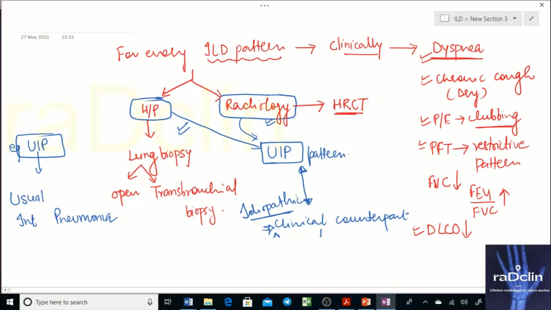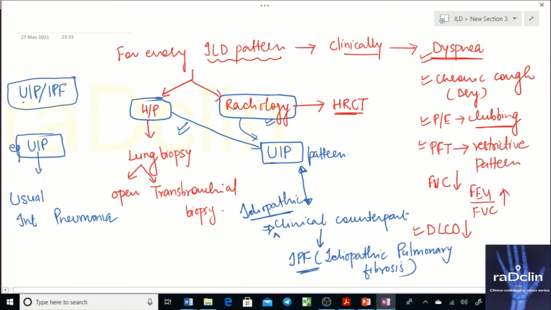If I see an ILD pattern on HRCT or on histopathology, the clinical idiopathic counterpart for that particular pattern, say for example for UIP, it is called IPF, idiopathic pulmonary fibrosis. So this is the clinical counterpart. Whenever I write about UIP, I'll write it like this: UIP slash IPF.